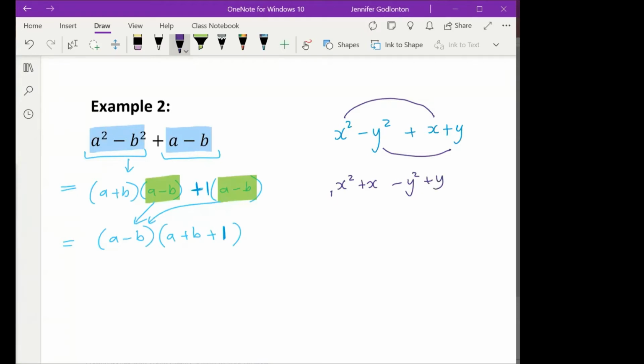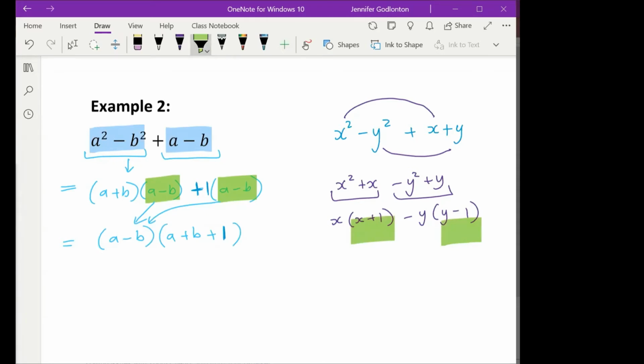Okay, so I'm going to link these two, and I'm going to link these two. Now what happens when I do that is I land up with something like this. And that's fine. I've taken out highest common factors, but the problem is that this bracket is not the same as that bracket, which means I don't have a highest common bracket.